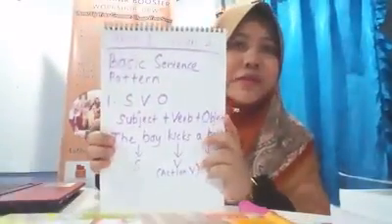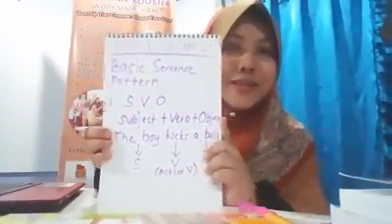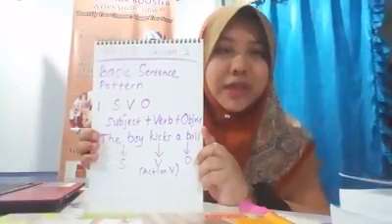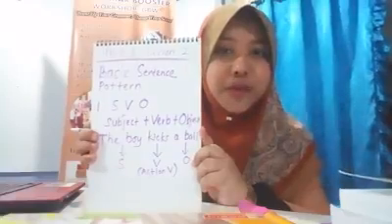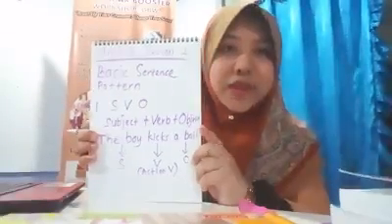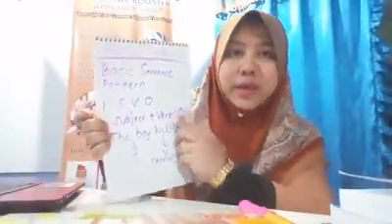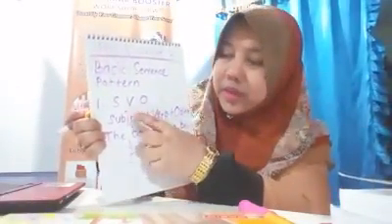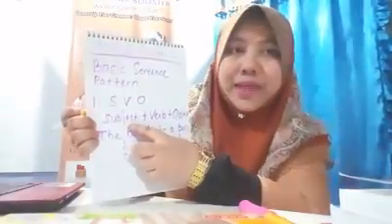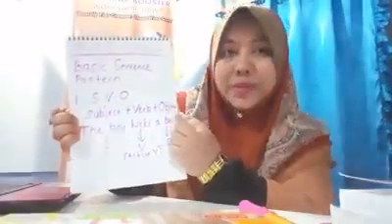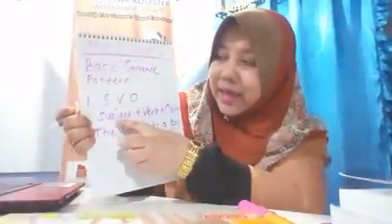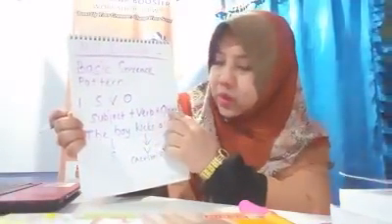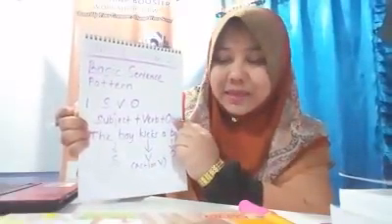The first sentence pattern, we call this SVO. I hope you can see this clearly. SVO means subject, verb, object. S refers to subject, V refers to verb, and O is the object.